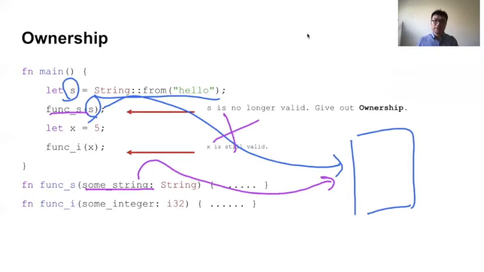So if you try to access X after this function call, you will get an error message. However, if this is an integer, a number, this is not a reference. This is just a number. In this case, you can copy the number 5 into the function, so it won't give out the ownership.